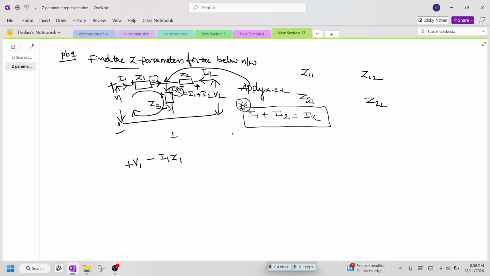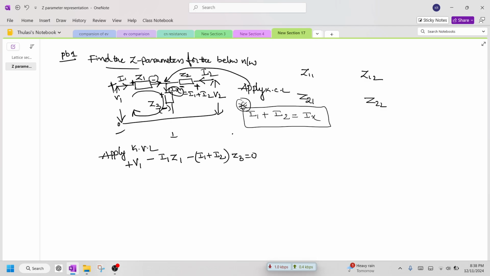The leaving current, I1 plus I2, into the impedance Z3, so minus (I1 plus I2) Z3 is equal to 0. This equation is obtained by applying Kirchhoff's voltage law at the input port.